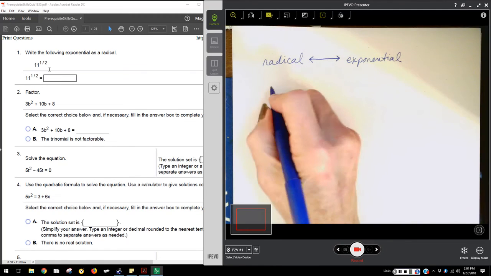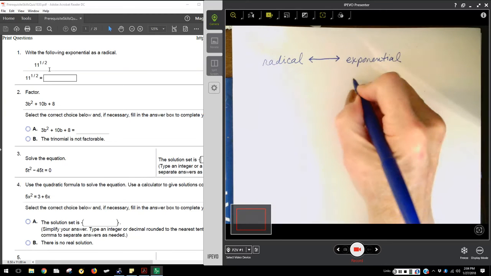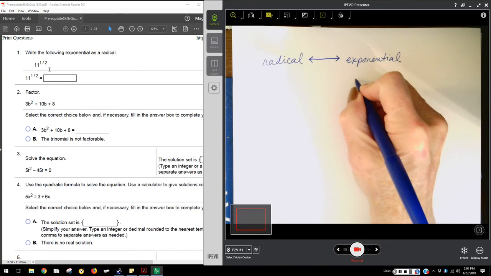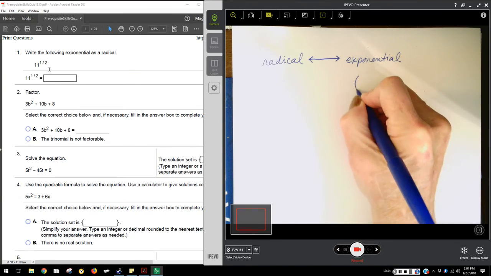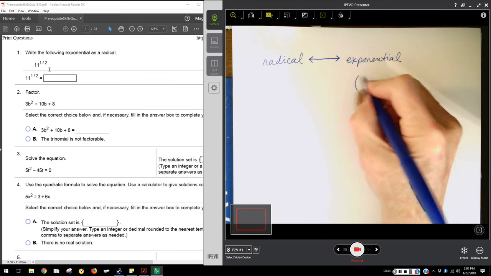So we're going to start out with the exponential form of an expression, not the one that we're looking at right now, because I want you to be able to convert anything that is an exponential form to a radical form.